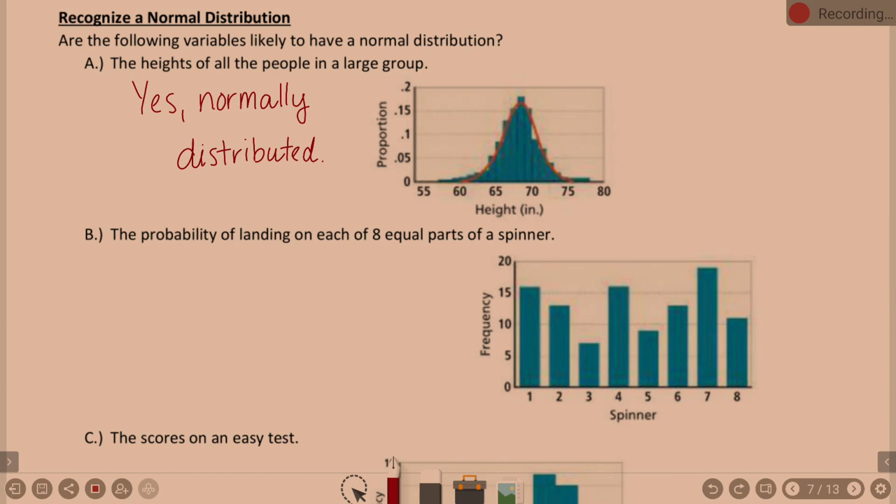Now, it's probability, so does that all happen exactly? No. If you watch that shape, it's up, it's down, it's up, it's down. It's probability, so it's not going to go with a normal distribution. So, no, not likely to have a normal distribution. I put that each probability has an equal chance of occurring.